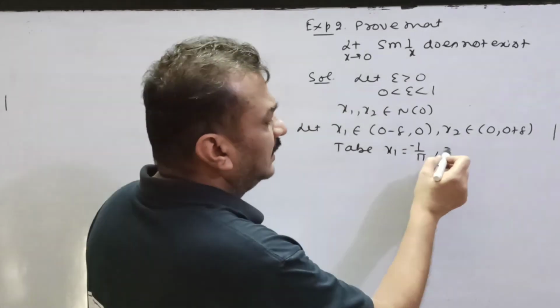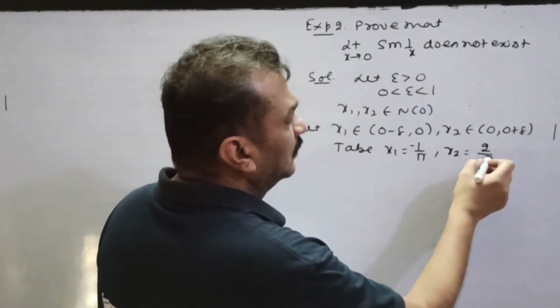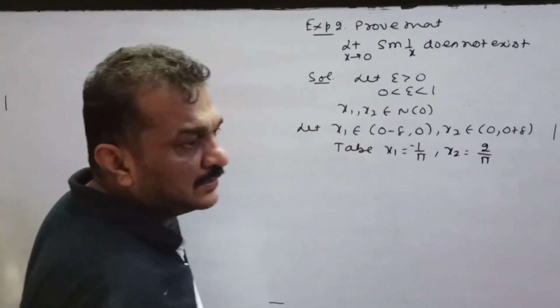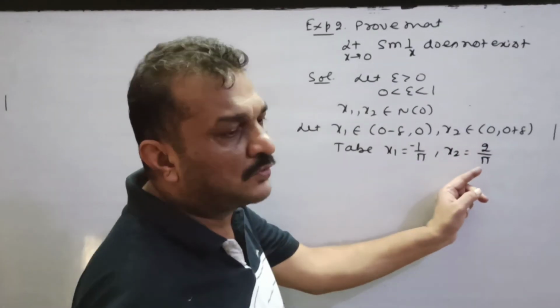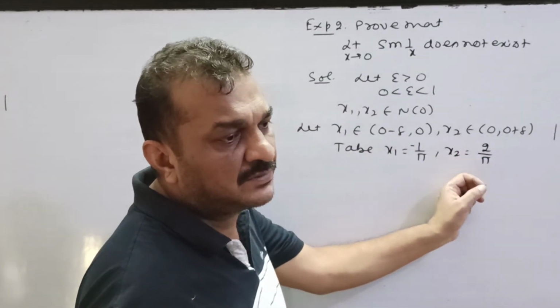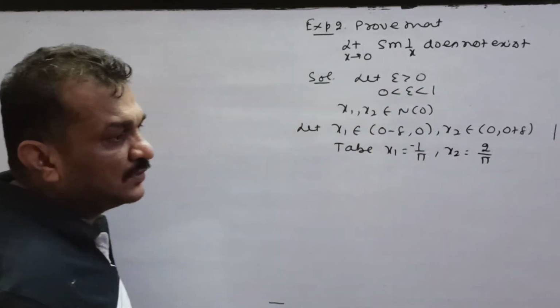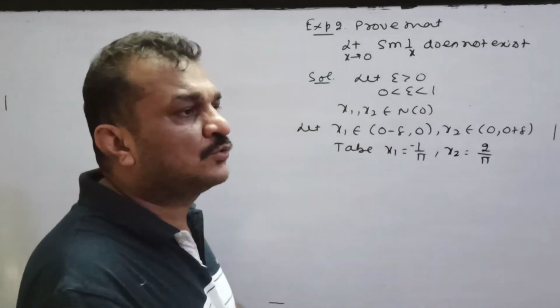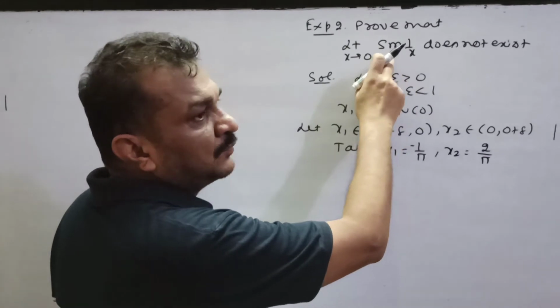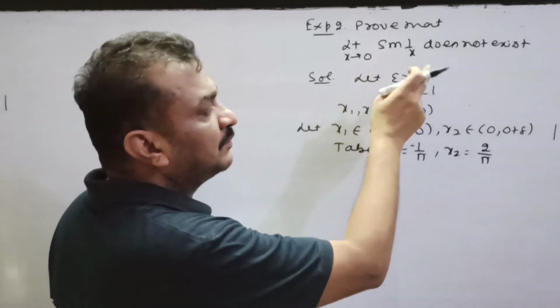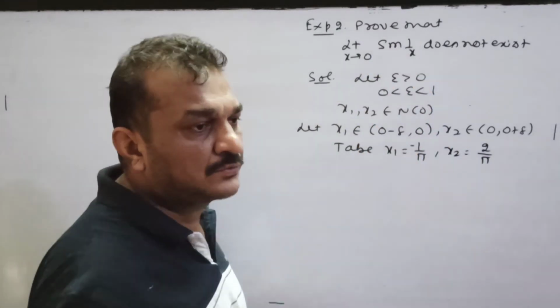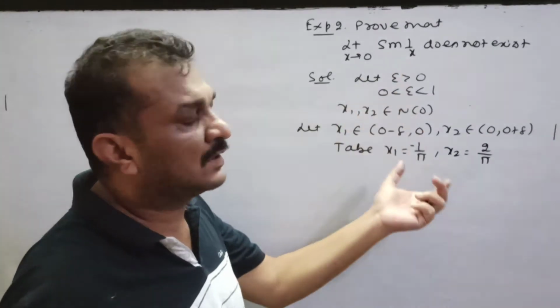And x2 is 2 upon pi, which is greater than 0, so we choose this value. Putting in 1 upon pi and 2 upon pi, we get sin pi and sin pi by 2, both values, so we calculate this.